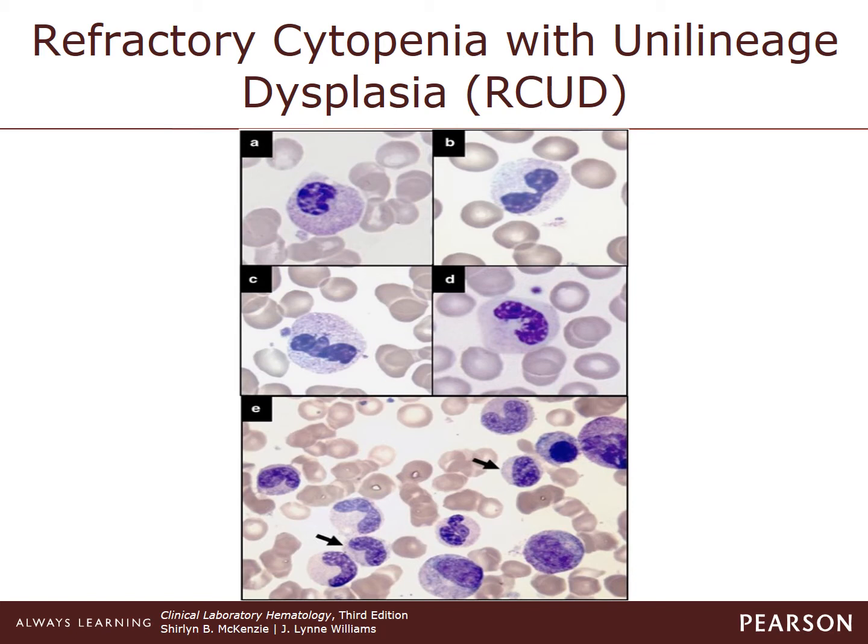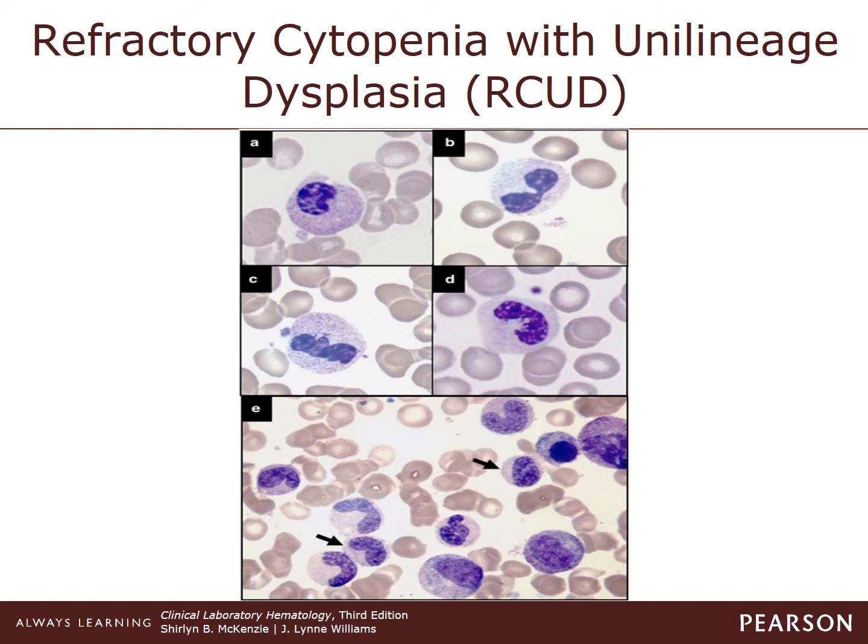Included in our RCUD is refractory anemia with only dyserythropoiesis. If it's dyserythropoiesis, it must have less than 15% ring sideroblasts, refractory neutropenia, and refractory thrombocytopenia.